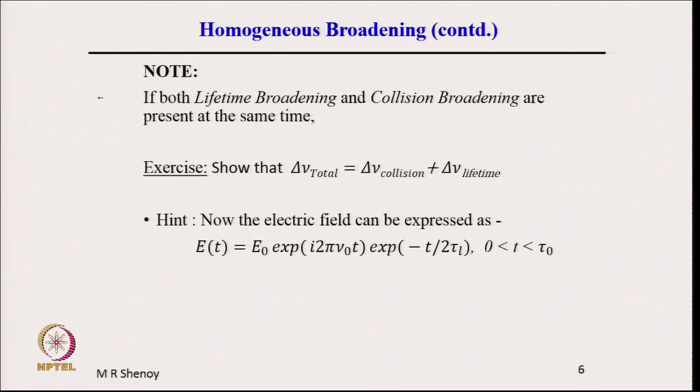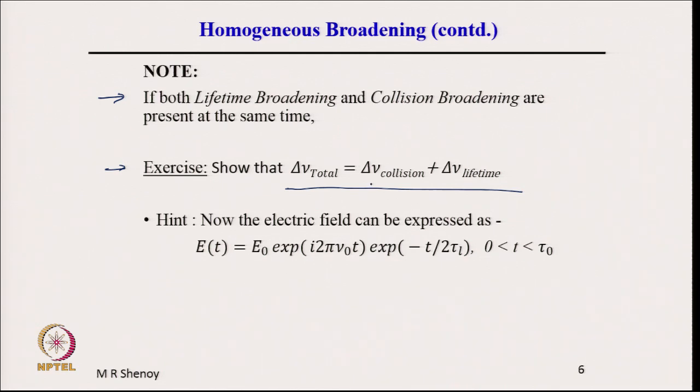If we simultaneously have both lifetime broadening, which is inevitable, also called natural broadening, because it is because of the finite lifetime of the levels, and collision broadening present at the same time, then one can show that delta nu total is equal to delta nu collision plus delta nu lifetime.